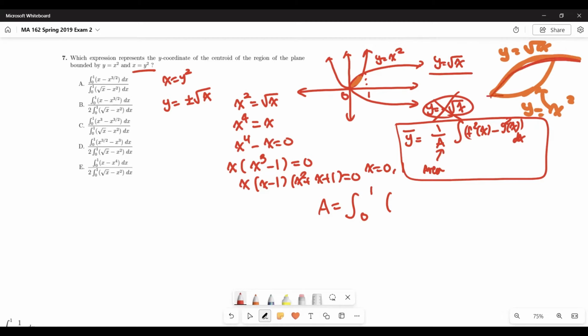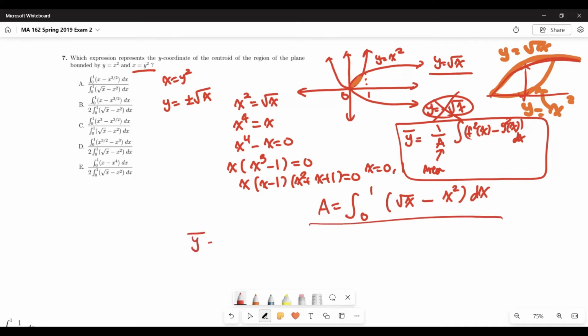The big height is y equals square root of x, which is higher than y equals x squared. So this is going to be square root of x, the bigger height, minus x squared, the smaller height, dx. So that's the area. We have that, and if you look at all those options, they didn't compute it, so you can just leave it like this, A. And then let's find the y value.